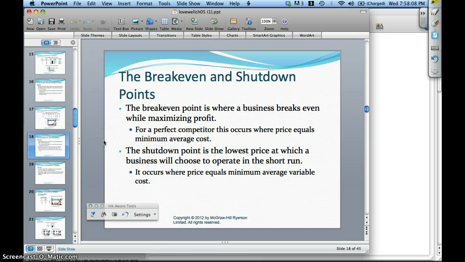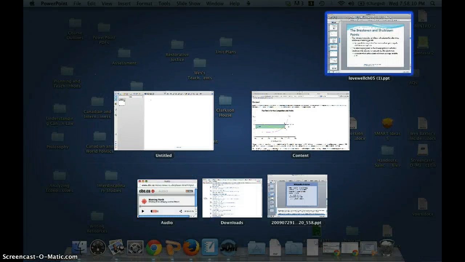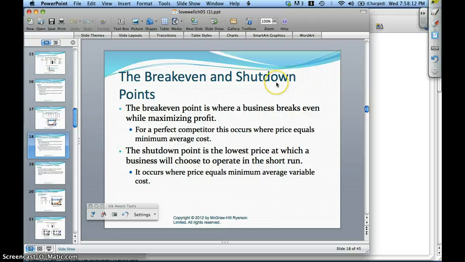So if you flip over to your example in your textbook on page 125 and also page 126, you see the shutdown point.